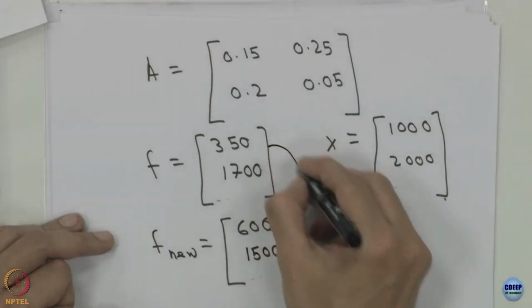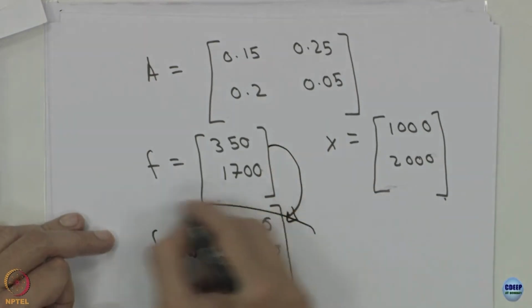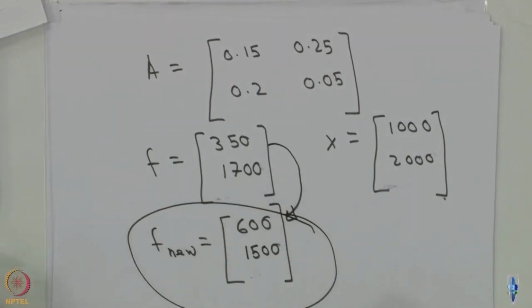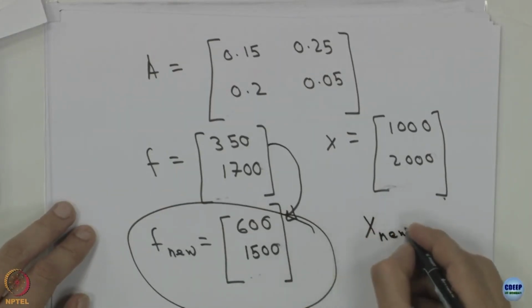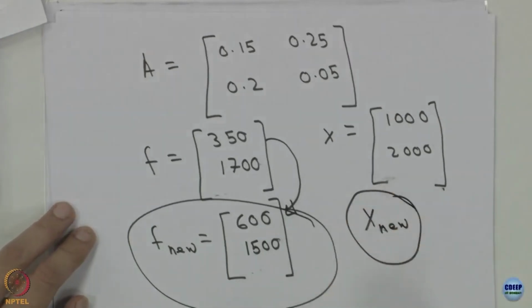Suppose we move from here to here, we want to know what the changes in the economy will be and how much of each of these products would be required. This is what we want to do in terms of X nu.